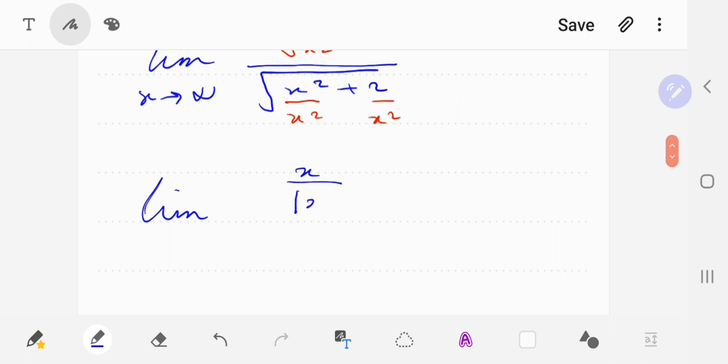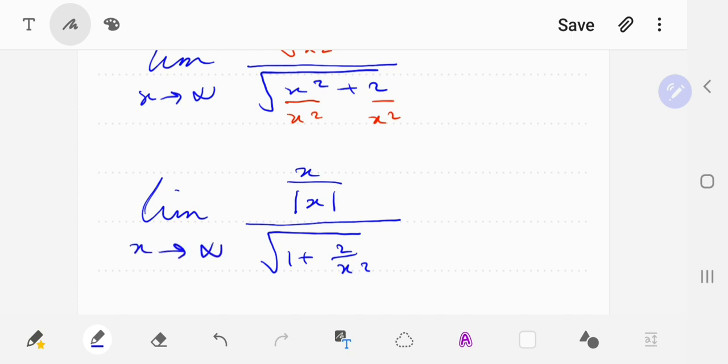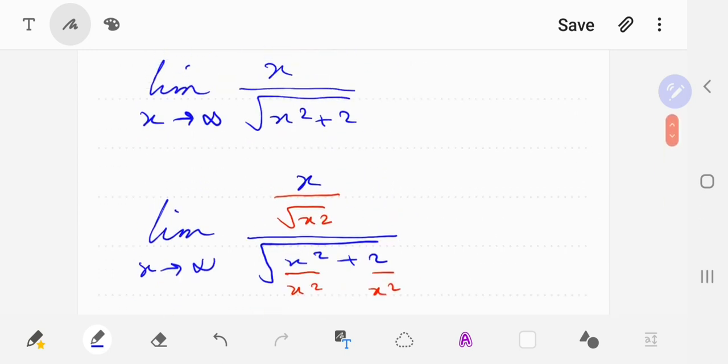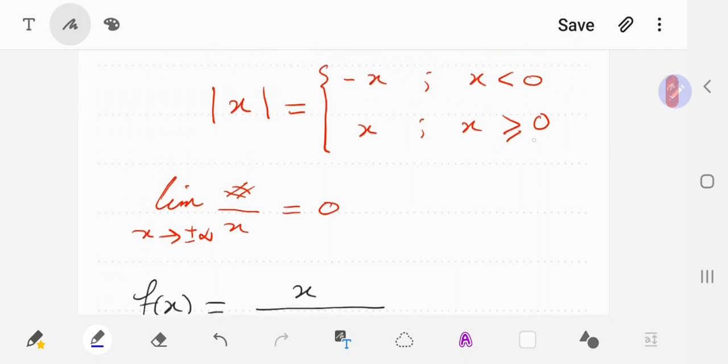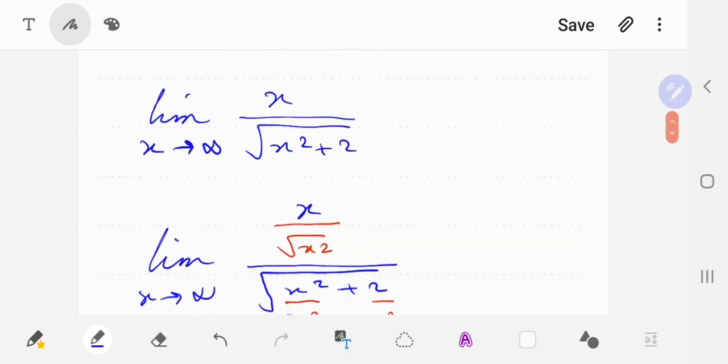So this is absolute value of x over, inside the square root, 1 plus 2 over x squared, as x approaches positive infinity. Now we have absolute value of x here, and x is approaching infinity, which means x is a positive value. So according to this case, instead of absolute value of x, I'm gonna use x itself.